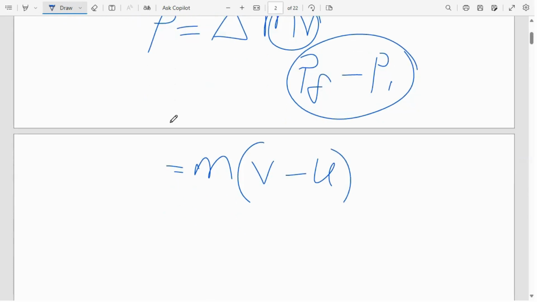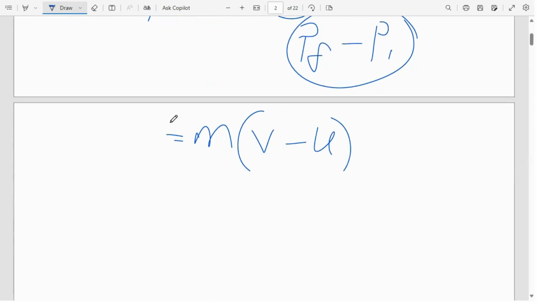That is also giving us the same thing, which is the change in momentum. So remember, this is impulse. Sometimes it can be represented as J. There's no difference there.